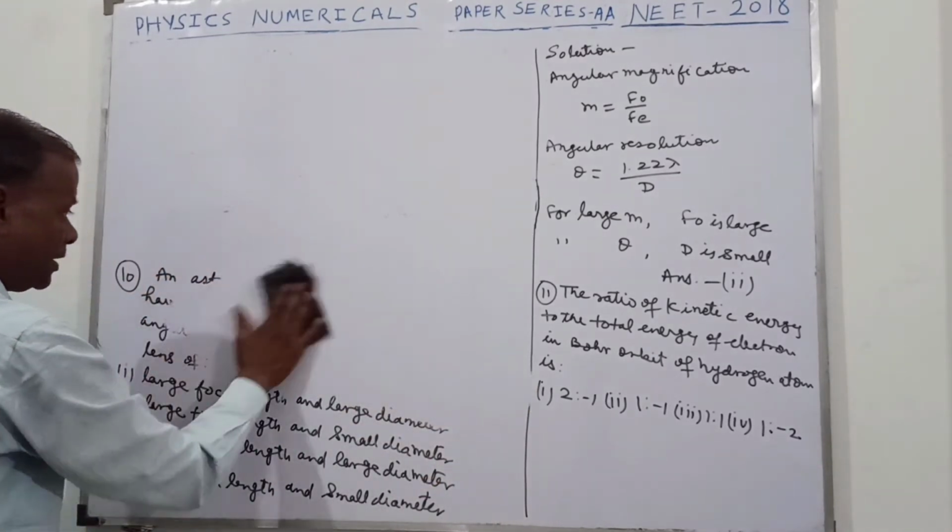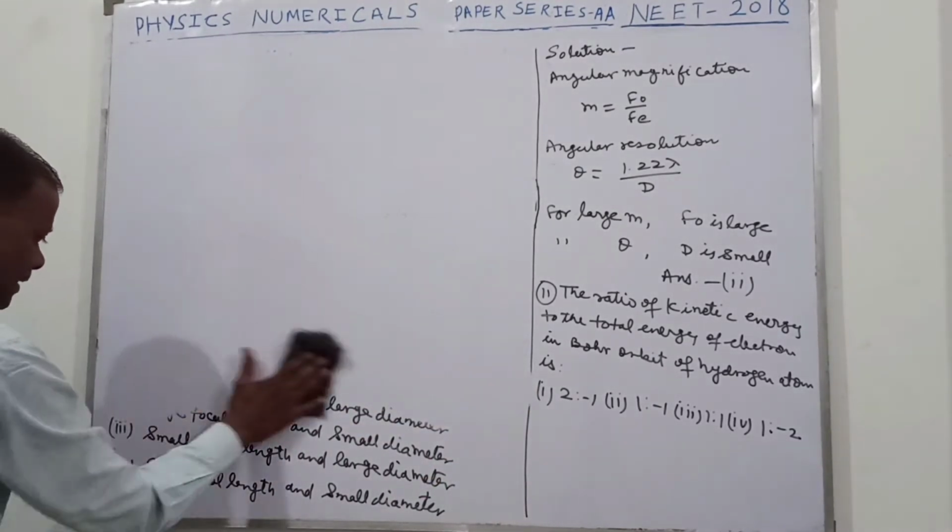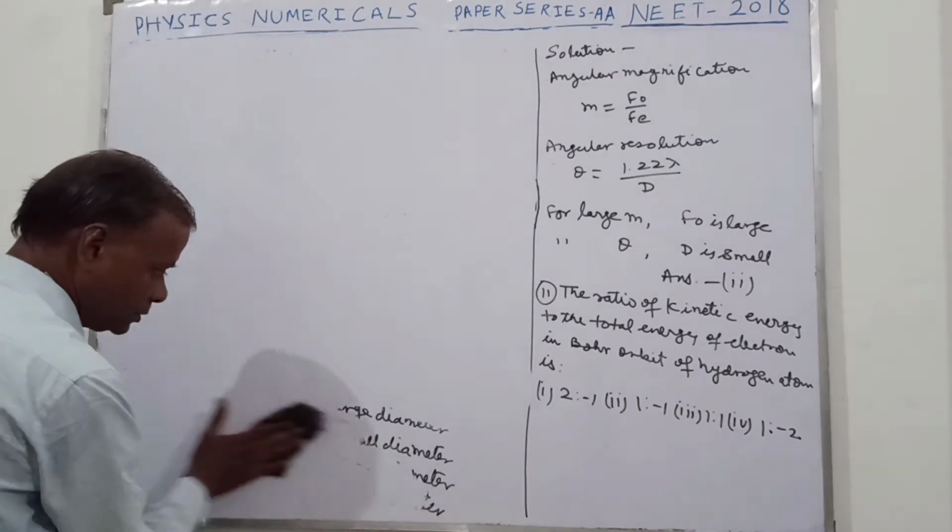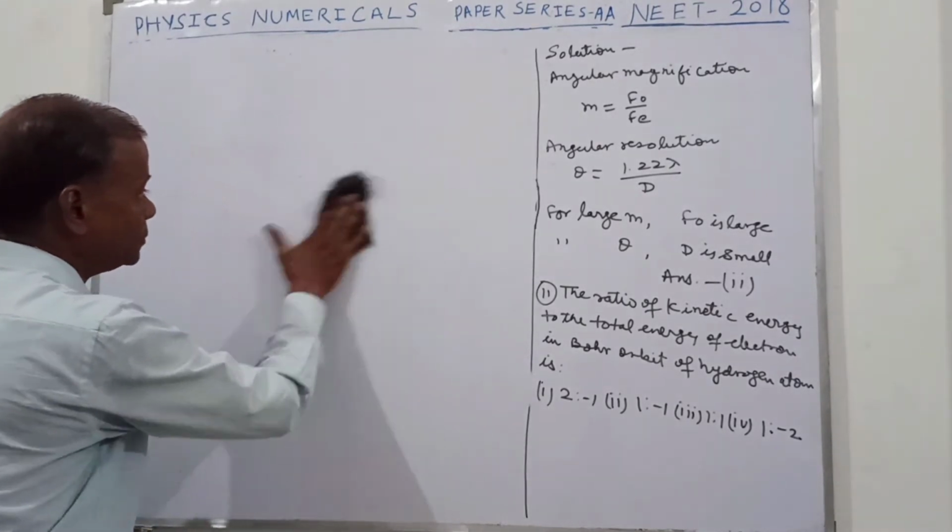So you are given the hydrogen atom and there is the electron in the Bohr orbit.